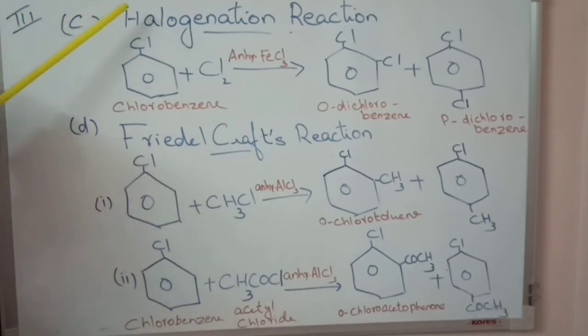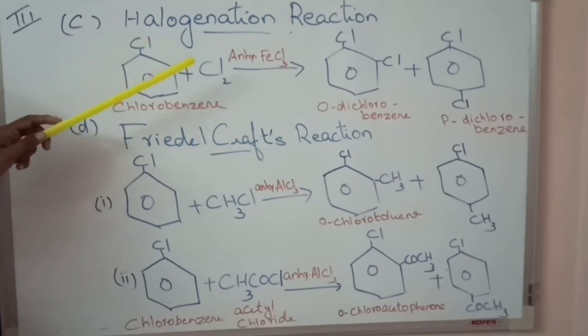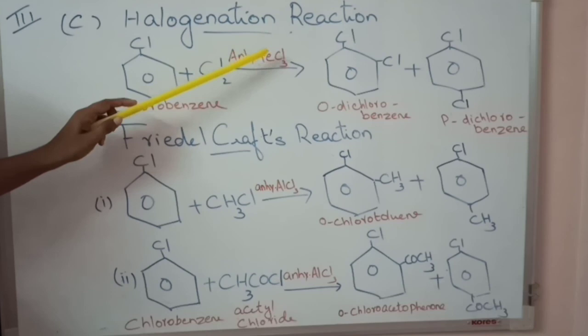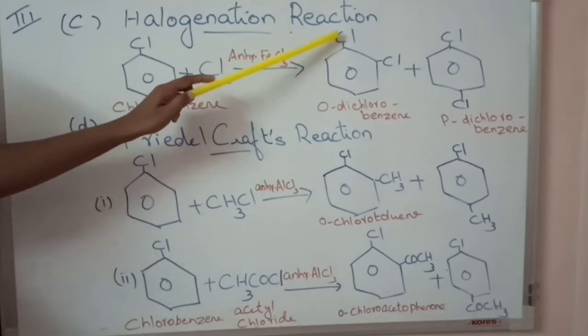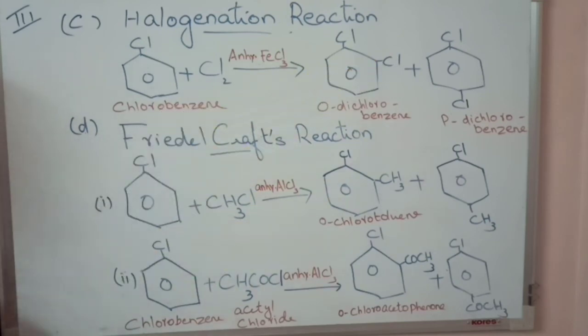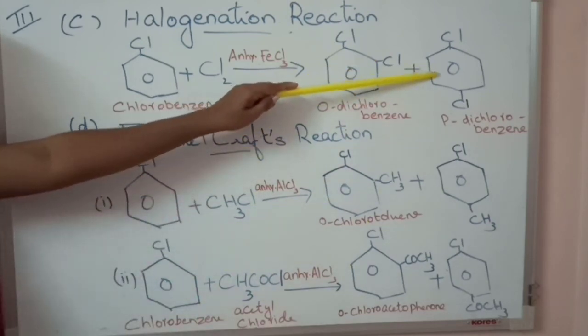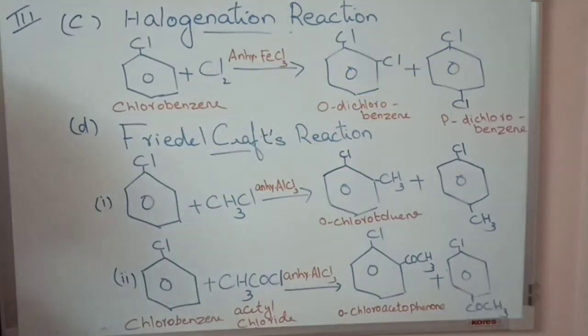Another electrophilic substitution reaction is halogenation reaction. Halogenation means reaction with the halogen. For example, chlorobenzene on treating with Cl2, that is chlorine, in presence of anhydrous FeCl3, mixture of ortho-dichlorobenzene and para-dichlorobenzene will form.